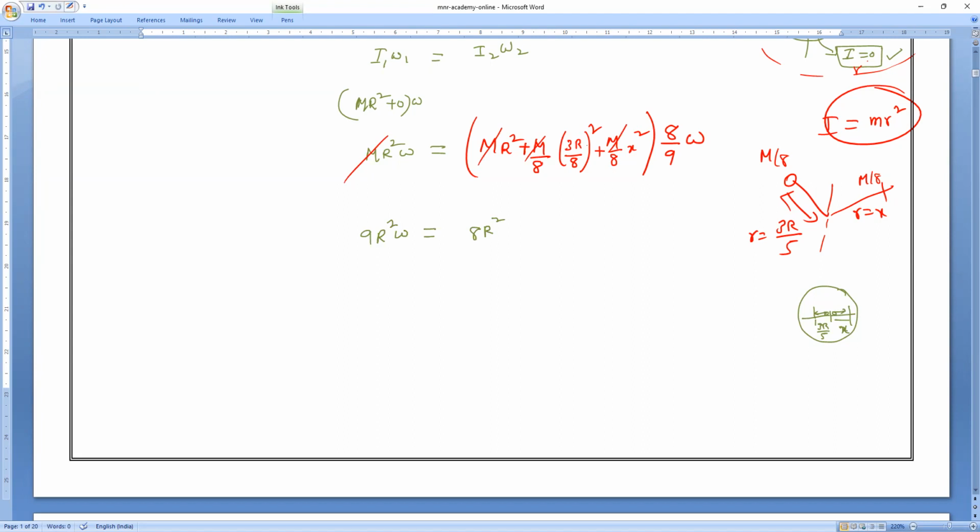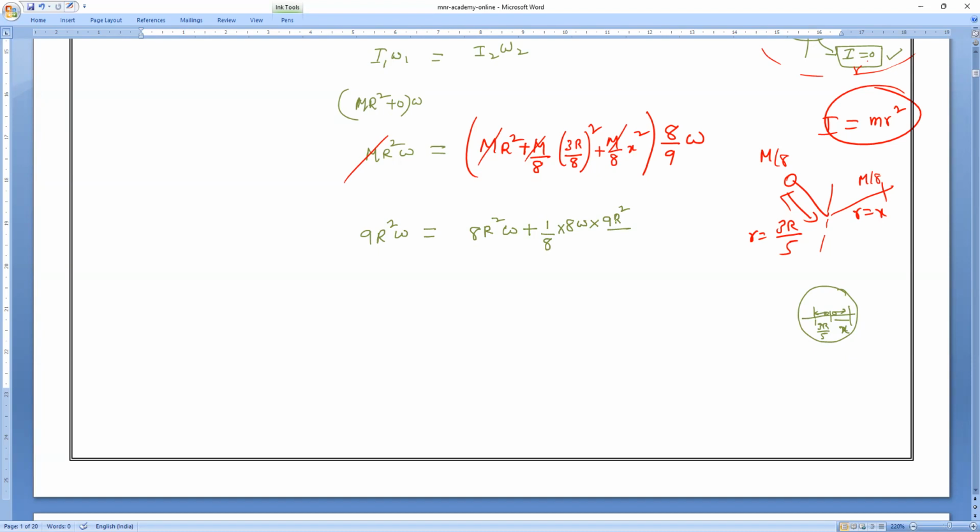Next, 8 by 9 will come, so 8r square omega. Plus this one, you can check it, everybody. 8 into 8 will get cancelled or not? So here 1 by 8 into 8 omega into this one will become 9r square by 8, 9r square by 8 square.